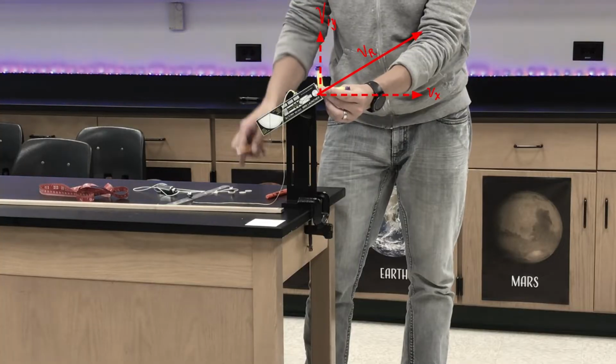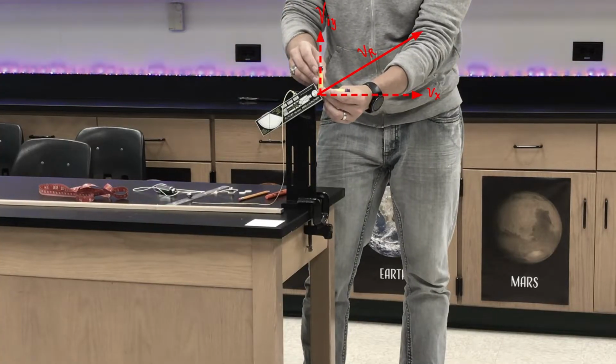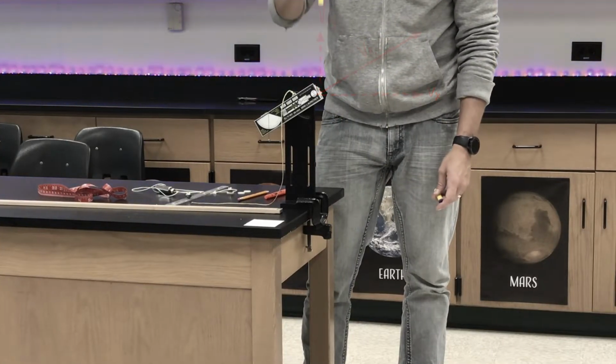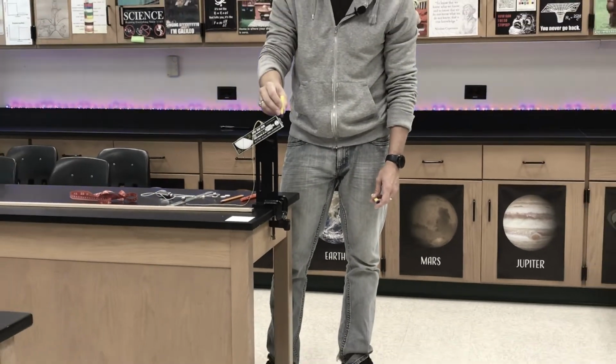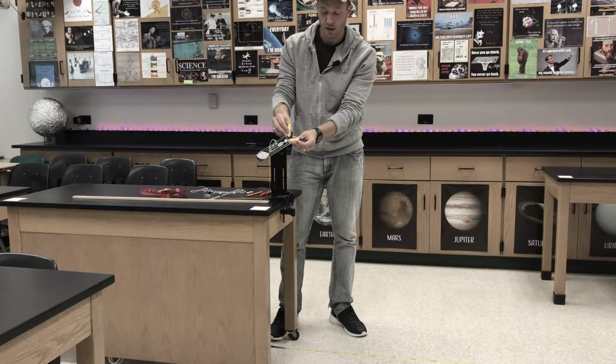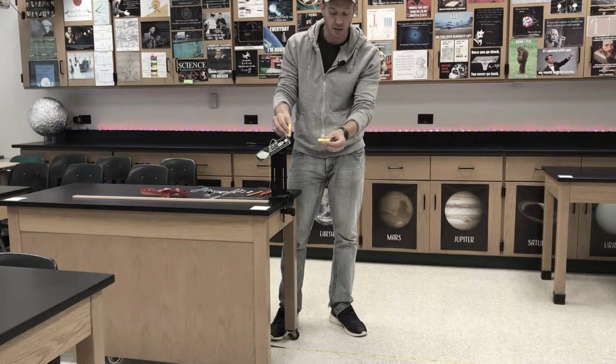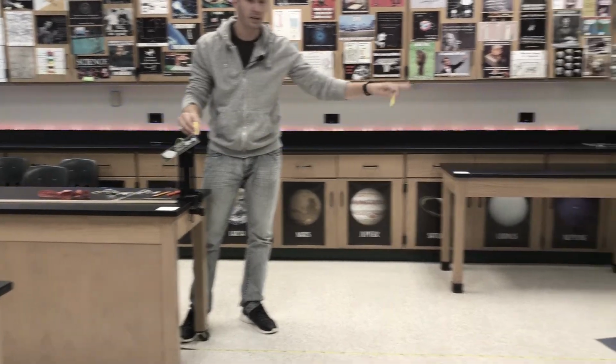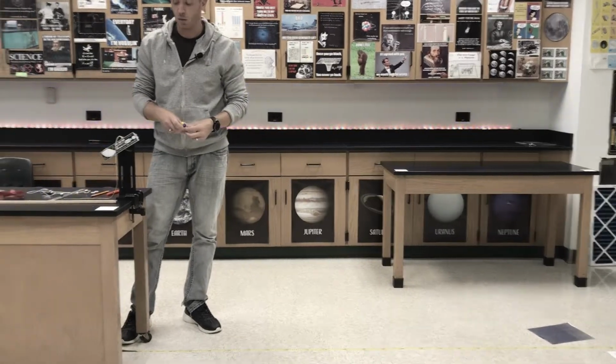And with those vectors, we'll know the time it's going to take to make impact, which is determined by the vertical velocity component. And then once we know how long it takes to make impact, we can use the horizontal velocity component to see how far downrange the projectile will actually go.